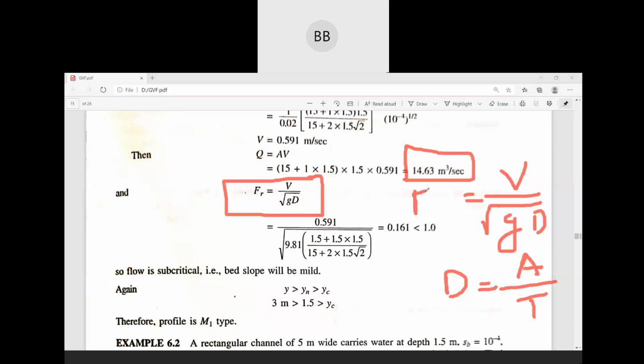In case of a rectangular channel, you can directly use V by root over gy, in place of D you can write y. But here the question gives a trapezoidal channel, so you have to find the area divided by top width to get the D value. Substitute here, acceleration due to gravity is 9.81, and velocity we have already calculated, and find out the Froude number.